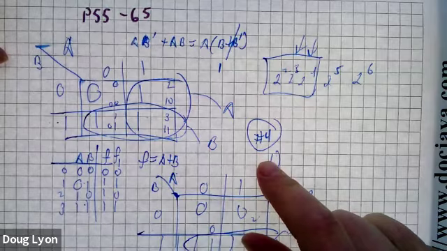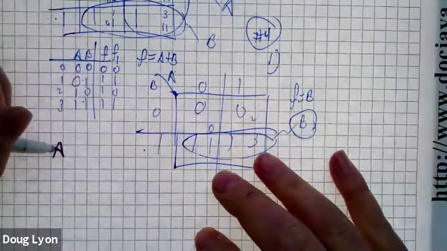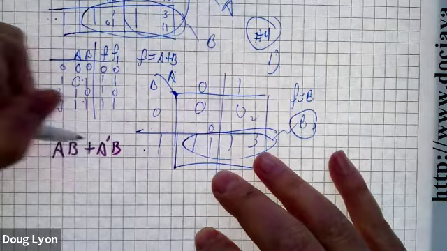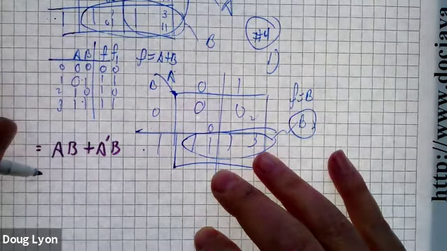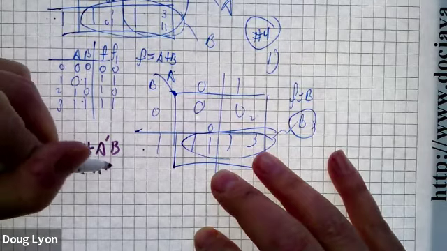So the basic idea is this. If you have AB or A'B, that must be equal to B times (A or A').